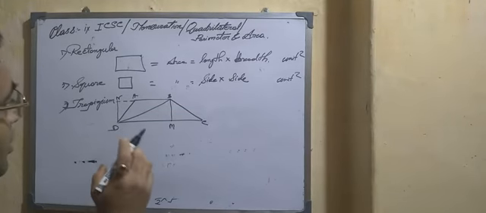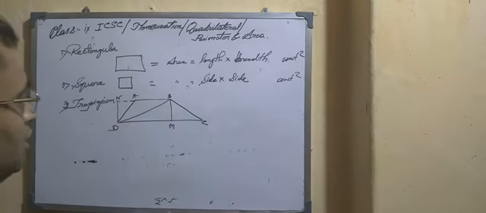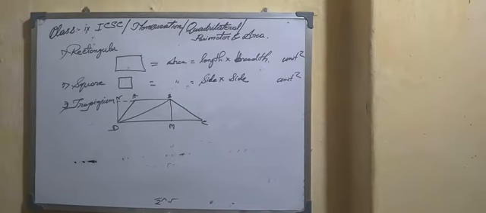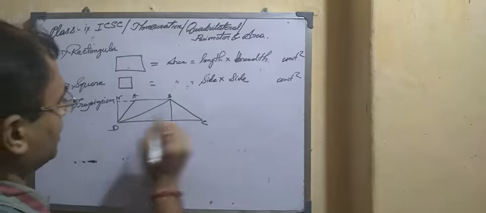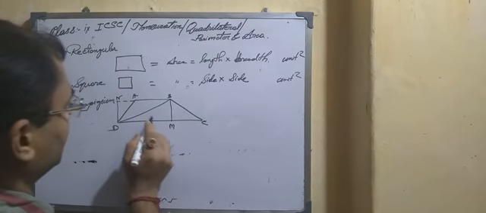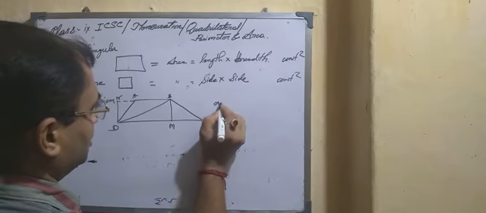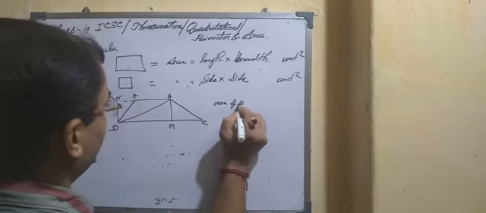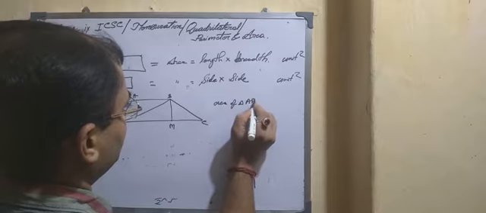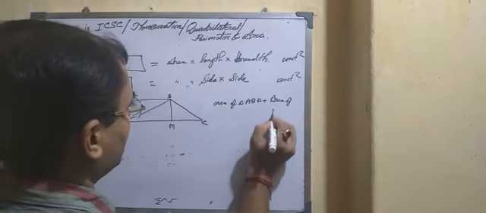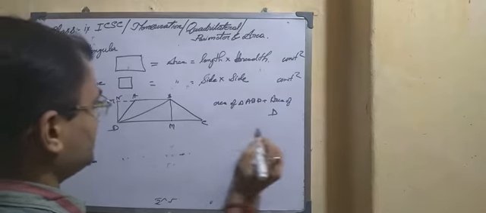Now we divide this trapezium into two triangles, so the area is the sum of two triangles: area of triangle ABD plus area of triangle BDC.